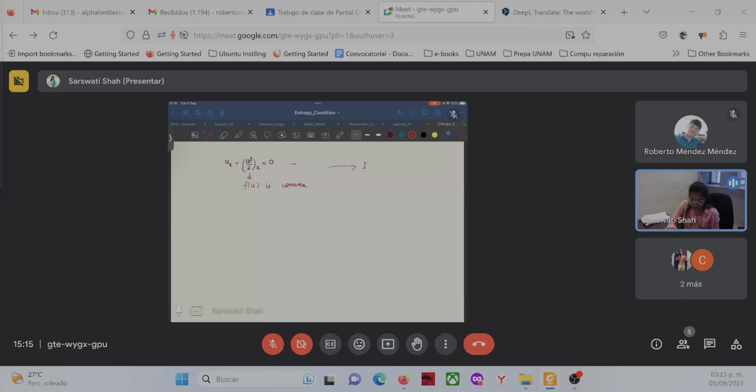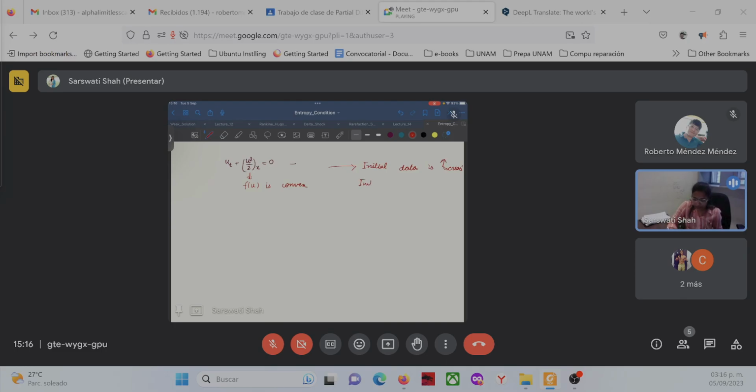Now if the initial data is increasing, no characteristic curves are going to coincide; rather, they will expand in the xt plane. This is the case of increasing.